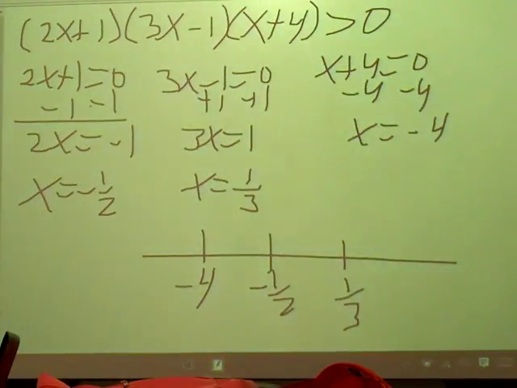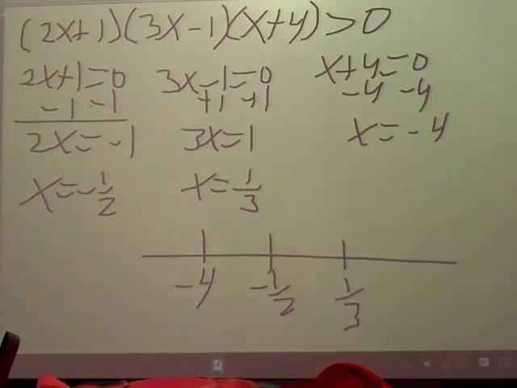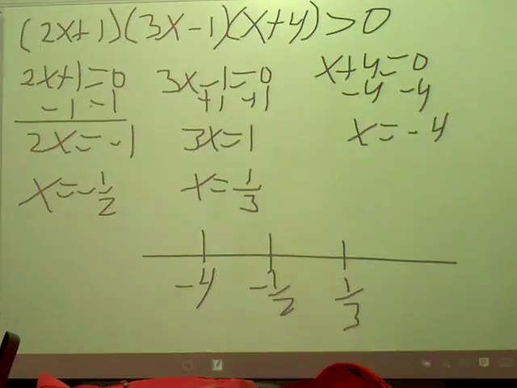So we've got 1, 2, 3, 4 sections now where you're going to have to do guess and check. Okay, so start on the far left. I need a number to the left of negative 4 that I can plug in. Anybody got one? Negative 5. So that gets me 2 times negative 5 is negative 10. Plus 1 is negative 9. 3 times negative 5 is negative 15. Minus 1 is negative 16.